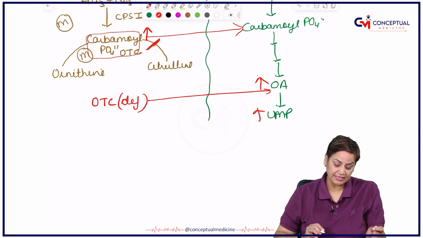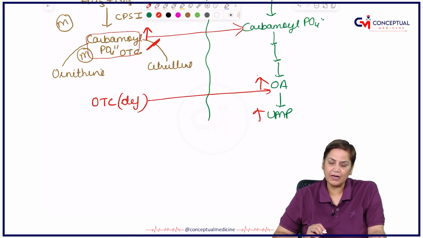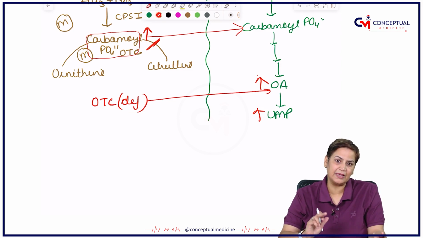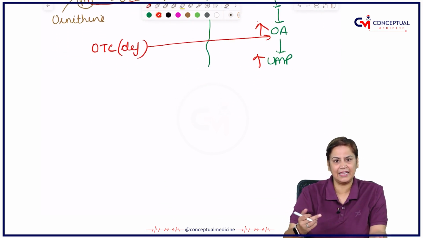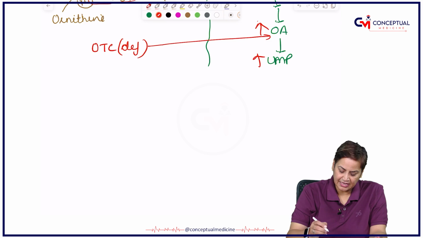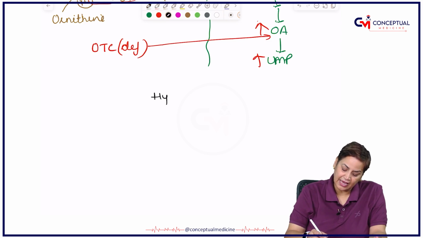And that is the basic difference between hyperammonemia type 1 and hyperammonemia type 2. What is the basic difference? Hyperammonemia type 1 means the deficient enzyme is CPS1 and in type 2 the deficient enzyme is OTC. And OTC is X-linked. So I will just write it here because we have discussed this in detail there also.